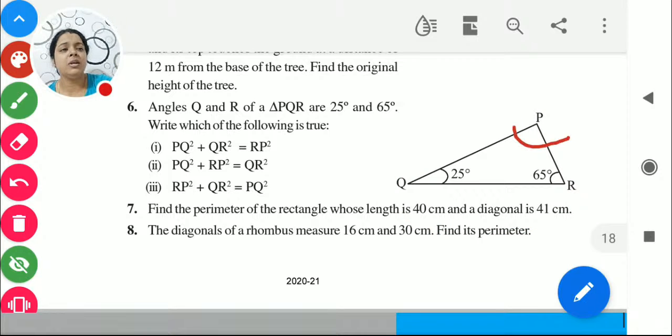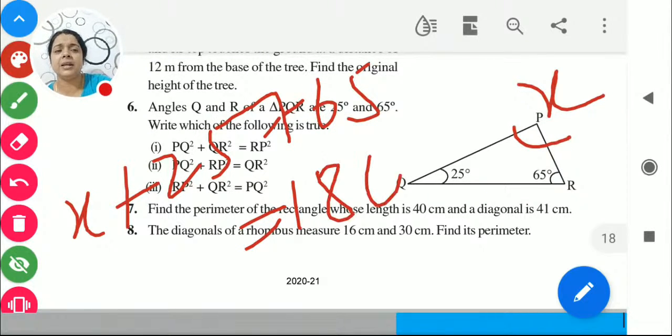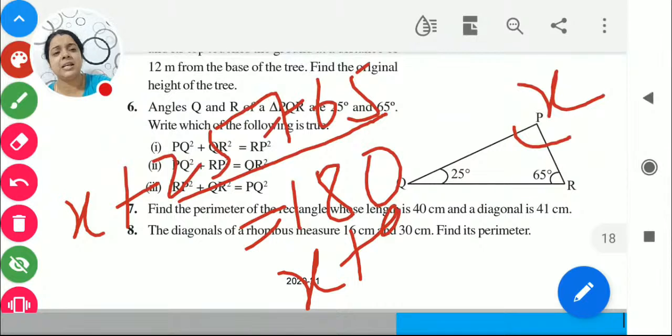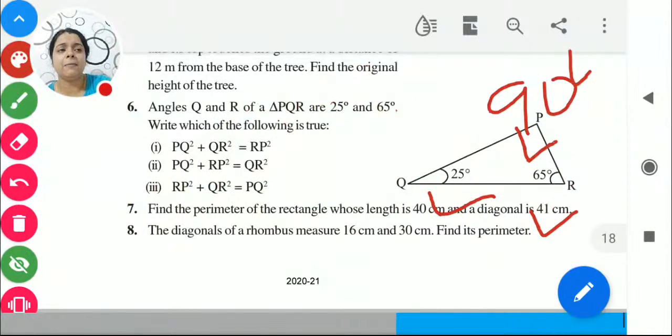So we take it as x, and x plus 25 plus 65 is equal to 180 degree. When you add them up, it comes to 90 degrees. So x plus 90 is equal to 180 degree. This is 25, this is 65, so this is undoubtedly 90 degree.